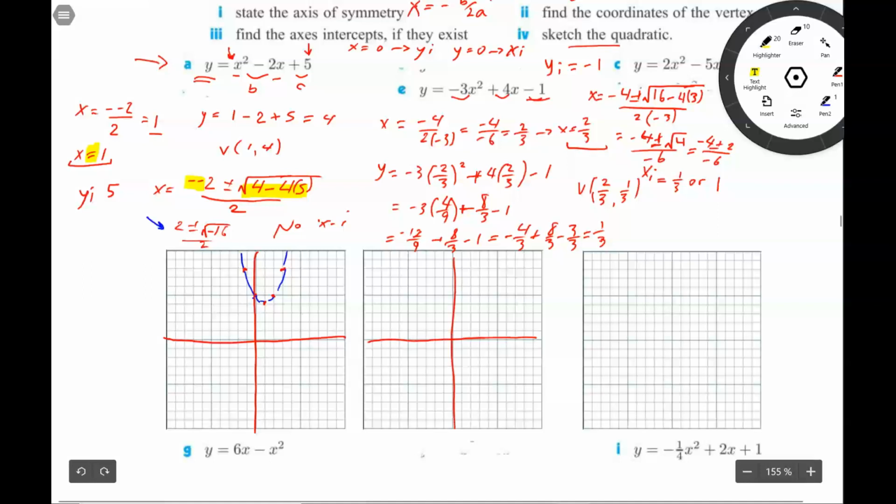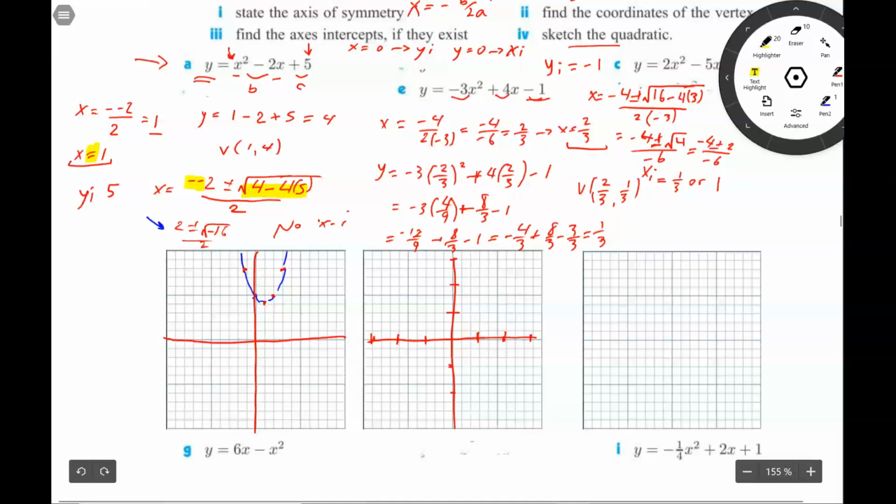Draw the axes. And my vertex is going to be 2/3, 1/3. Maybe what I'll do is, in order to draw a nice picture, I'm going to divide my graph so that it actually has bigger grid marks. So each one of the grid marks has 3 little blocks in it, and each one of those blocks is 1/3. And then maybe we'll get a nicer picture.